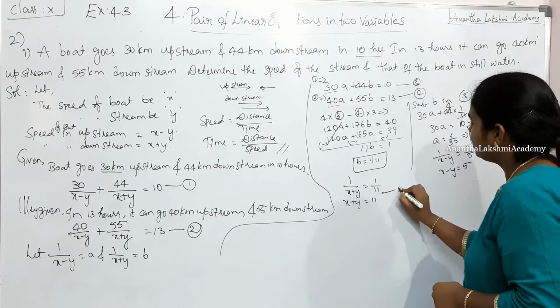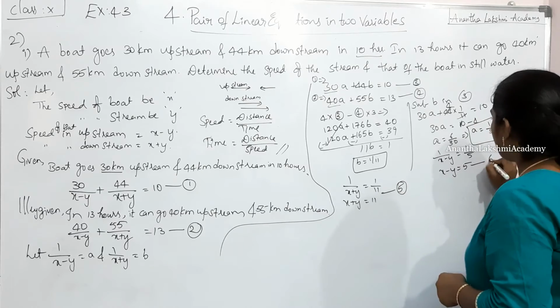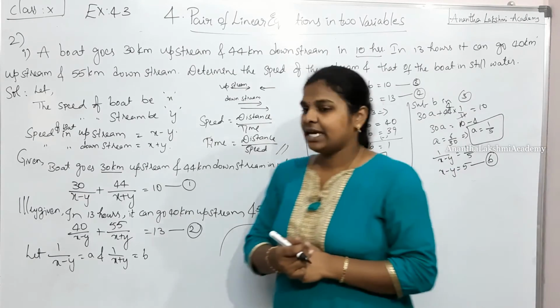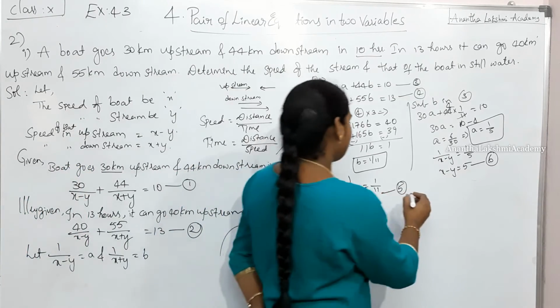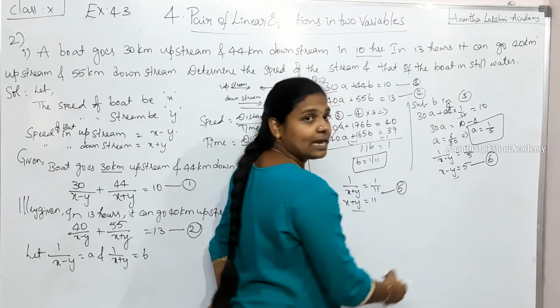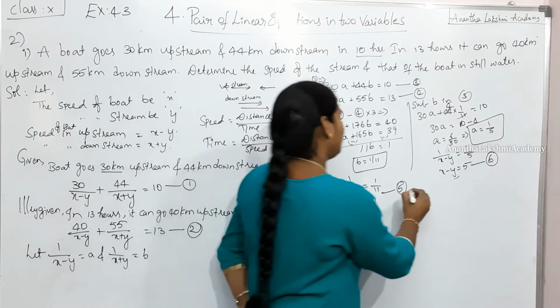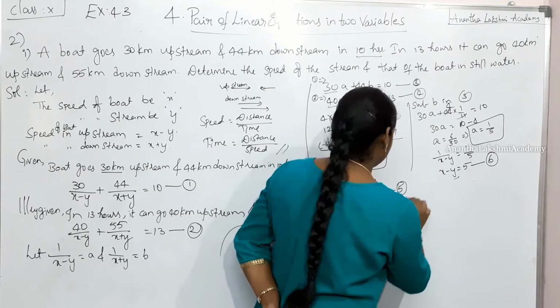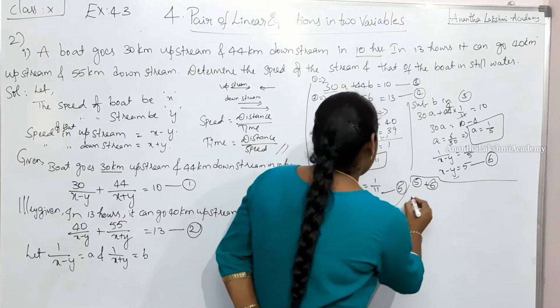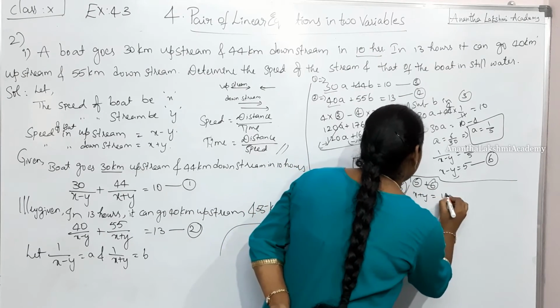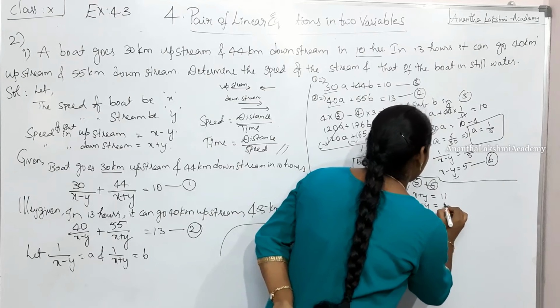These values give equations 5 and 6. How do we solve this? Since the coefficients of y are the same, I am going to add them up. So equations 5 and 6: x plus y is equal to 11, x minus y is equal to 5.